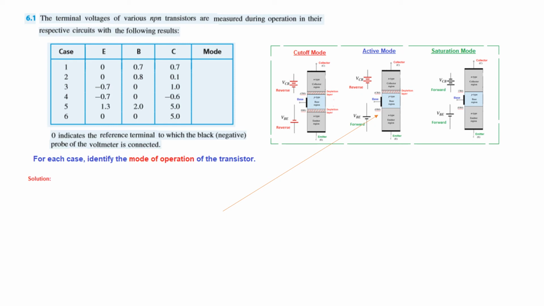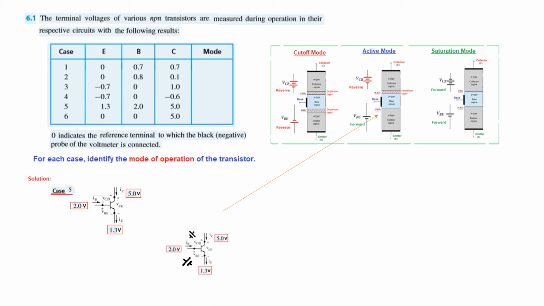Finally, we come to case number 5. So case number 5, 1.3, 2 and 5. And there is no reference in this case, so the reference may be somewhere here, ground. But anyway, we can see that this is at the lowest potential, then is the base terminal, and then is the collector terminal.